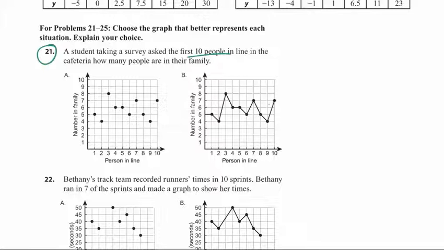However, on the second one, because of these line segments between your points, you can actually imply more than 10 persons, or more than 10 data points.